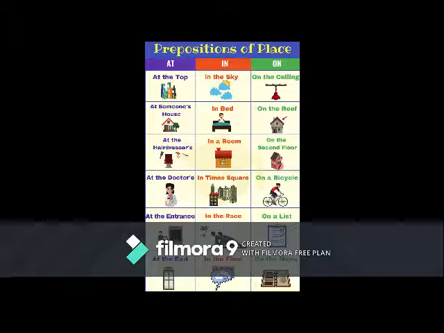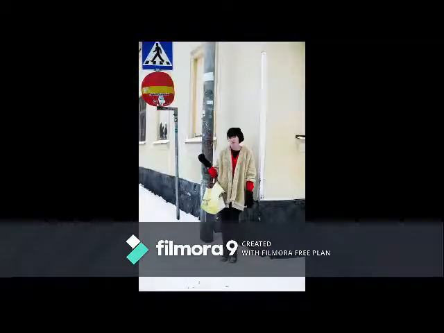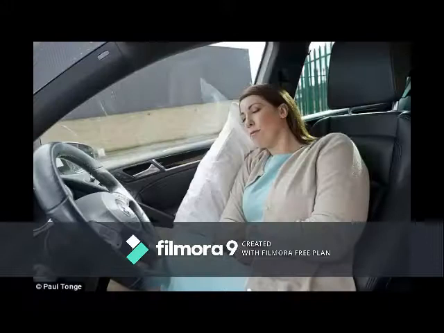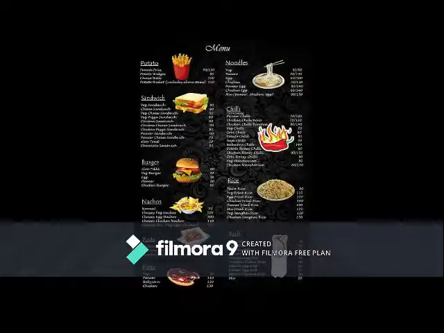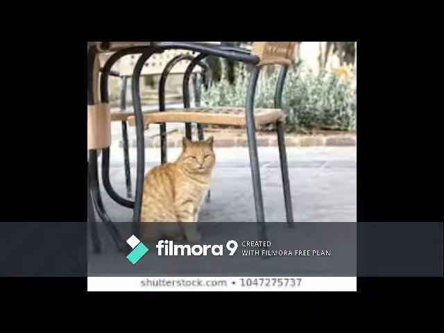Example: I waited for my sister at the corner. Amira was so tired that she took a nap in the car. What's on the menu this evening? The cat is under the chair.